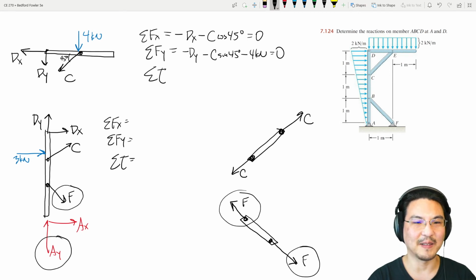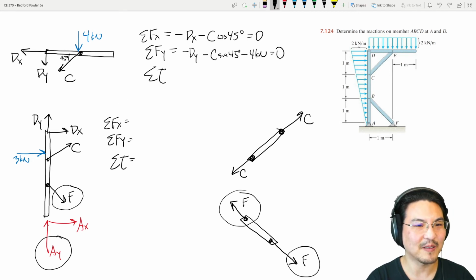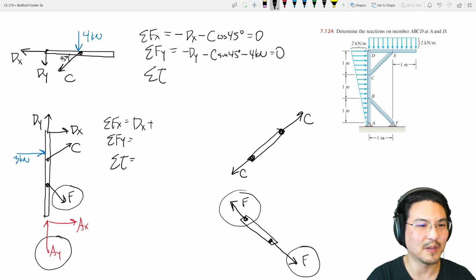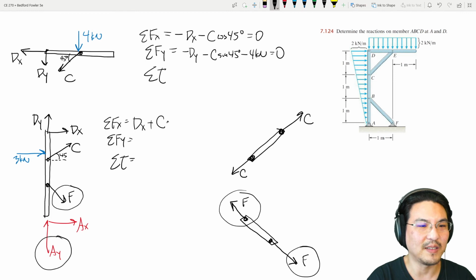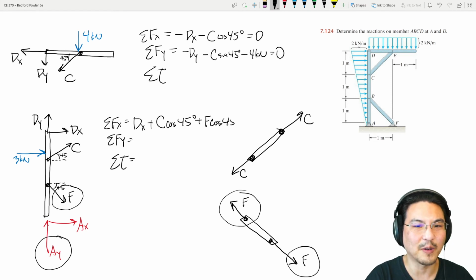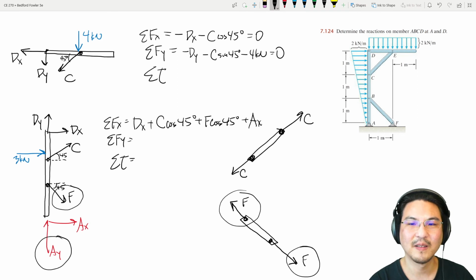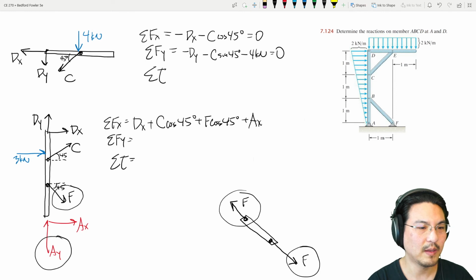Okay, and then let me go over here. So x direction, dx plus, and this is 45 right here, c cosine 45, and then this is also 45, plus f cosine 45 plus ax. Okay, let me just move this. Is that everything in x? Yes.